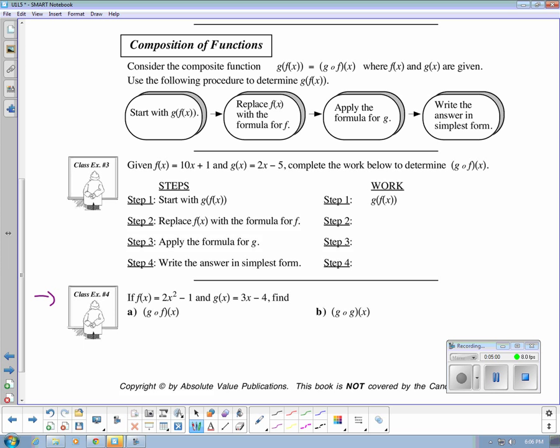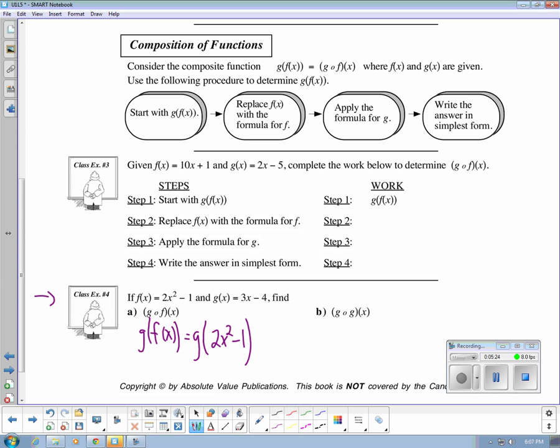What does this mean? This means I have to take g at f at x. And I'm going to work from the inside out. So I'm going to first replace that inside. The inside becomes what f at x was, 2x squared minus 1.